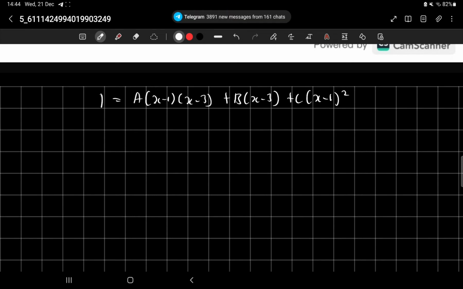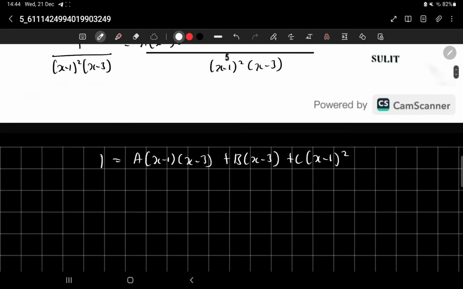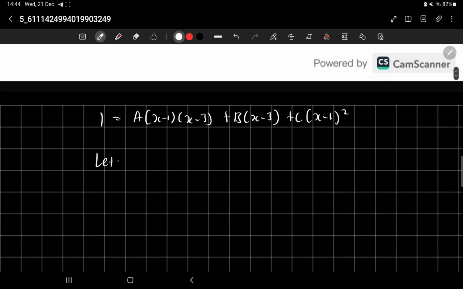You could let x be equal to, let's say, 3, meaning that I want to get rid of this term and this term here to leave me with only the c term, meaning that 1 is equal to c times (3 minus 1) squared. Essentially, we'll get c is equal to 1 over 4.